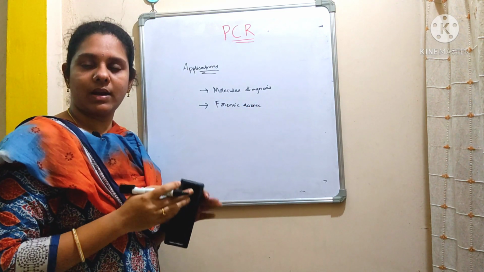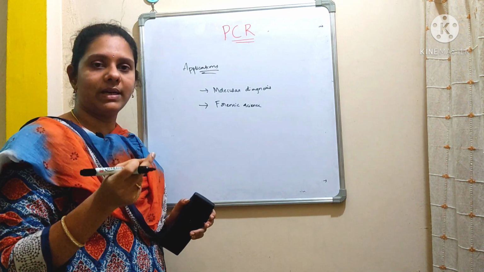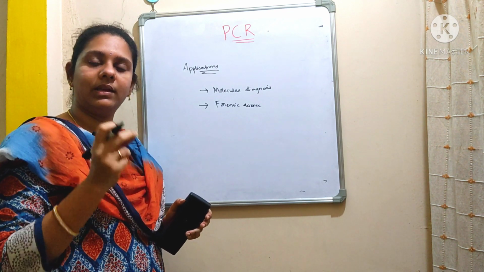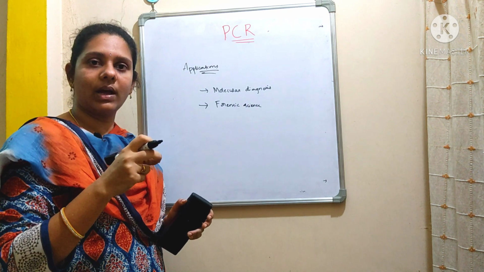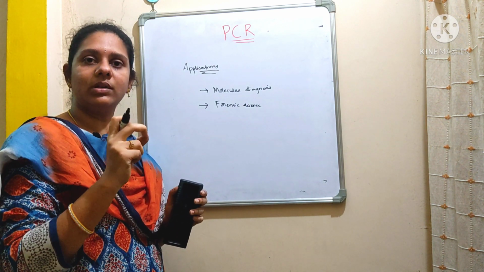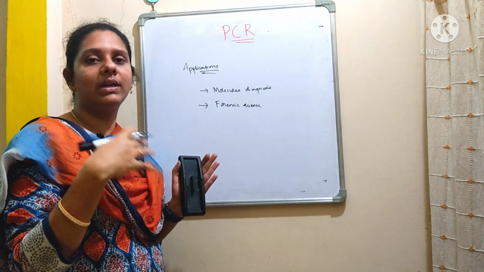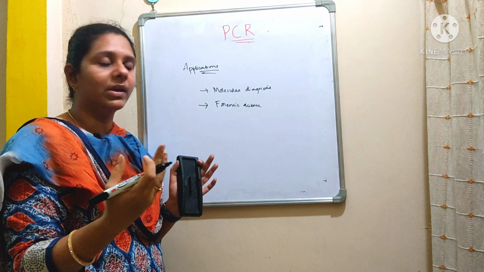See, for example, in a crime scene, if you collect a blood sample, though the blood sample is very less and the amount of DNA is in nanograms, I already told you a very small amount of DNA is sufficient to carry out this experiment, where at the end of 30 cycles we'll get a huge amount of the DNA, right?